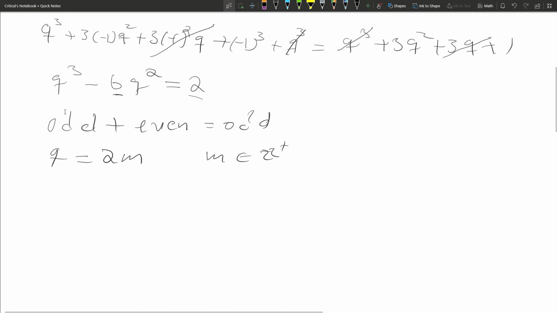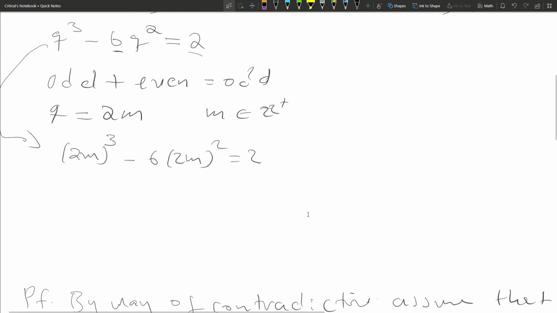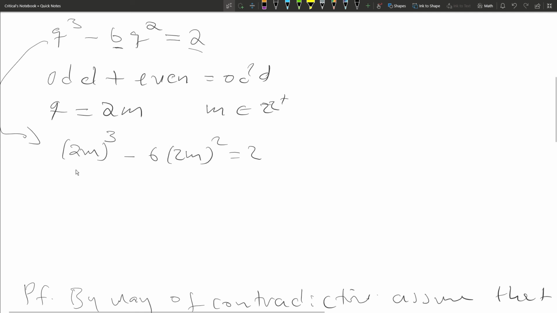Then we can rewrite this equation as (2m) cubed minus 6 times (2m) squared equals 2, and simplifying this we get 8m cubed minus 24m squared equals 2.